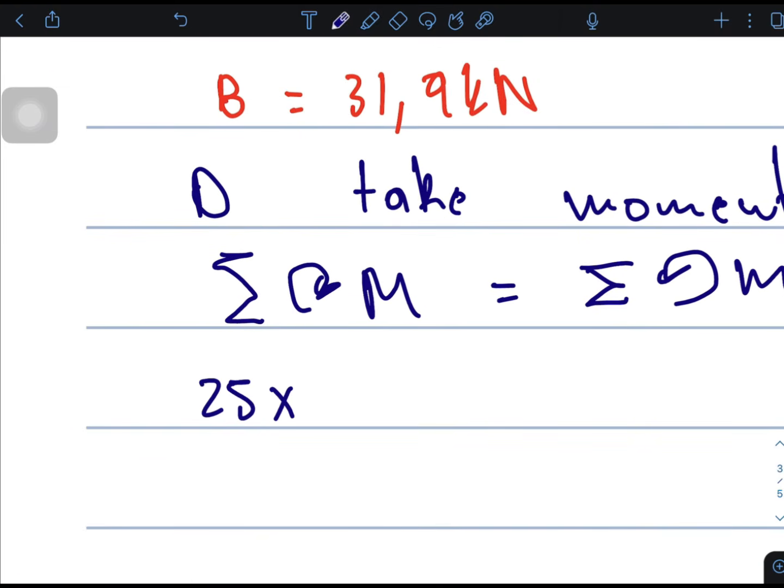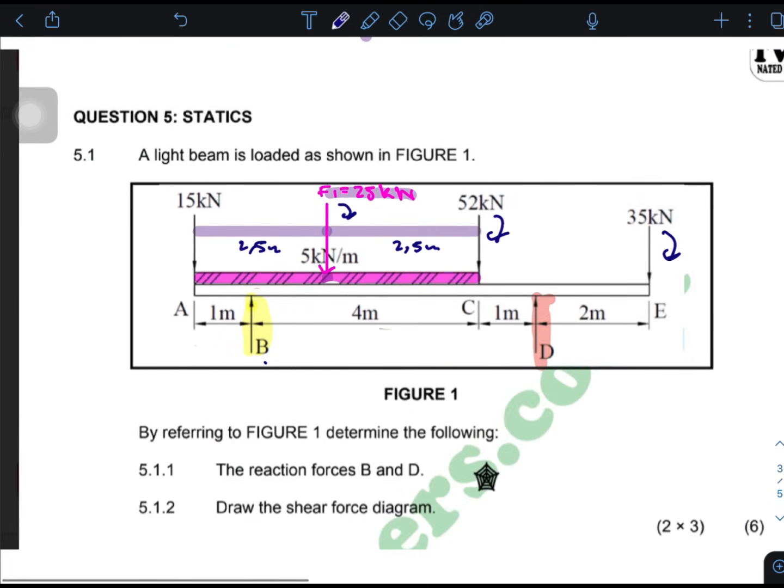25 times, what is the distance? You ask yourself, what is the distance from the turning point to the line of action of the force? We can see that distance. If this whole distance is 2.5, basically it is 2.5 minus this distance here, which is 1.